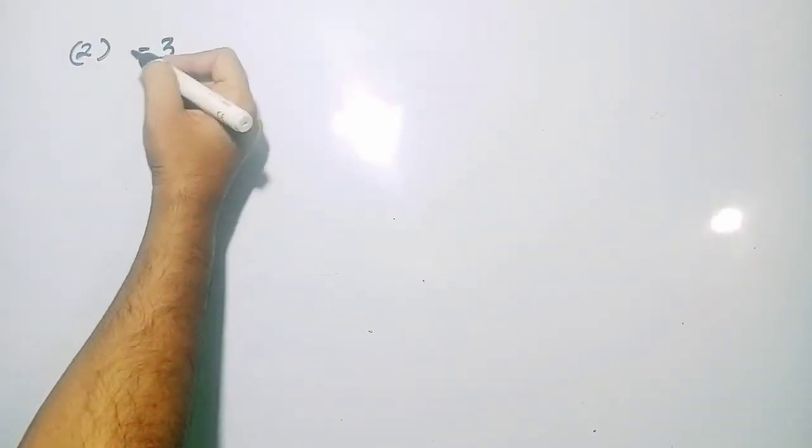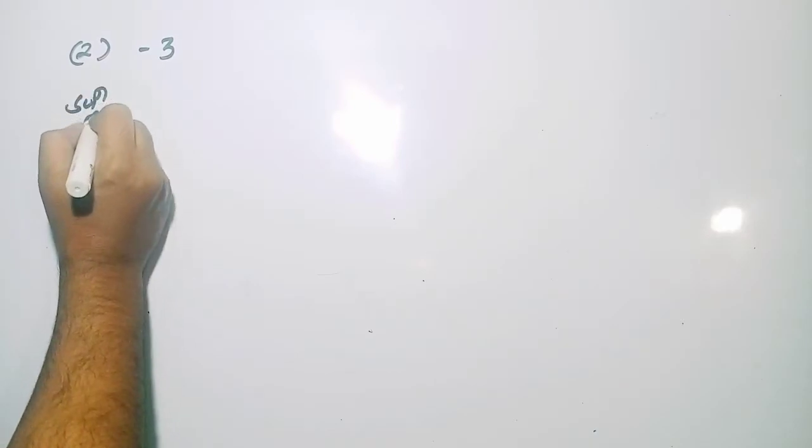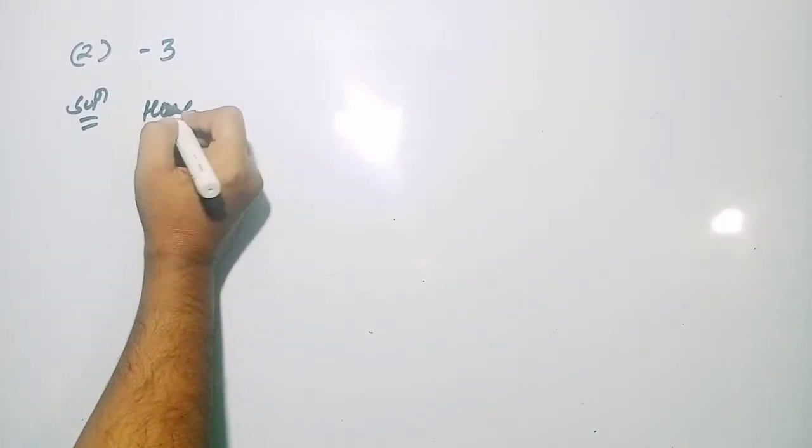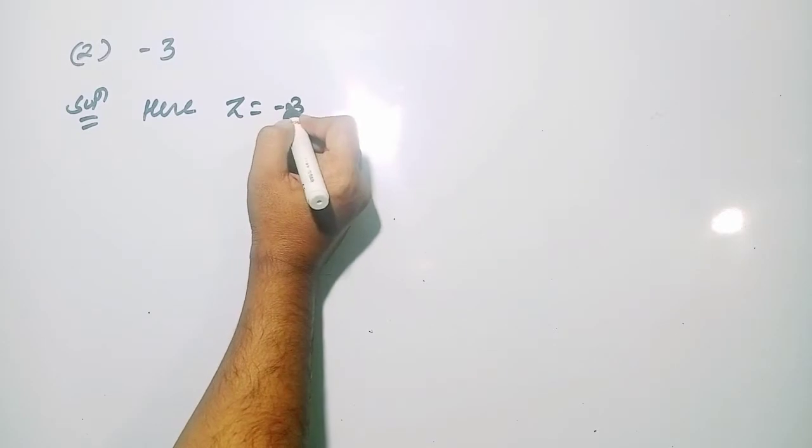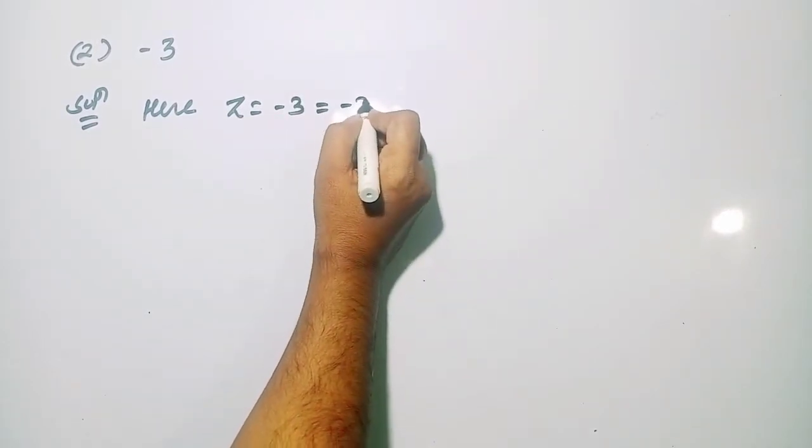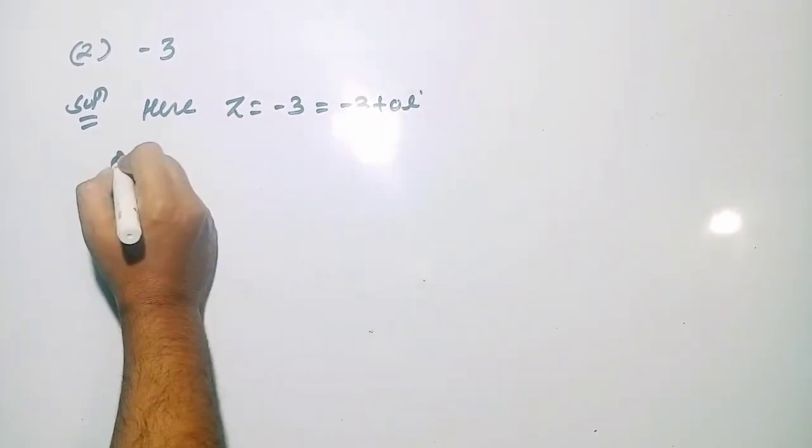Now moving to the next question. This is a similar question, minus 3. Here it has been given that z is equal to minus 3, so it can be written as minus 3 plus 0 iota.